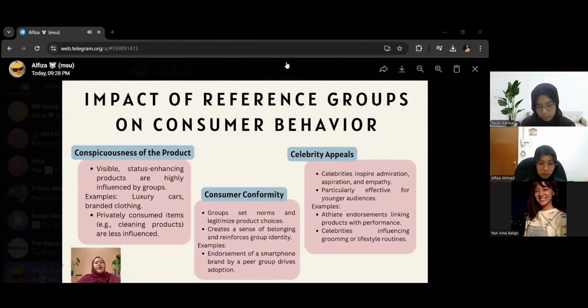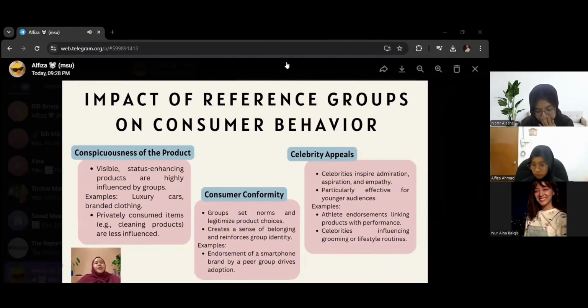On the other hand, products consumed privately, like cleaning supplies or groceries, are less likely to be influenced by reference group dynamics. Marketers focus on emphasizing social or status enhancing aspects for conspicuous products to appeal to consumers influenced by their reference group.